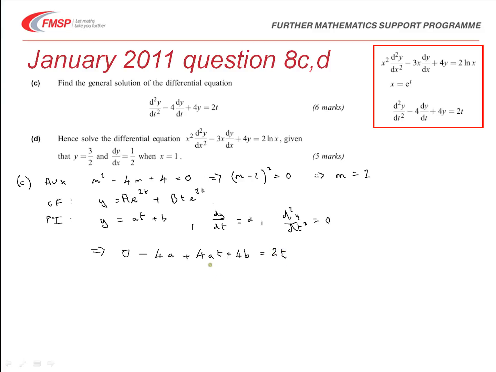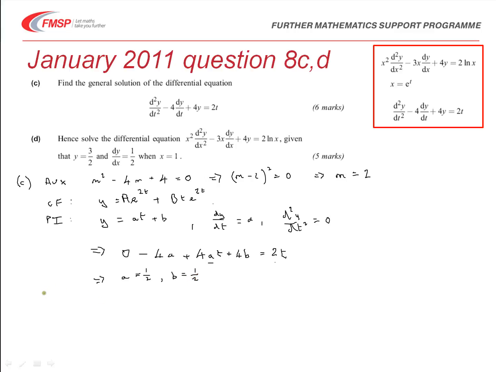So by equating coefficients, we can immediately see that a must be equal to a half to make 4a equal to 2. And if that's the case, if I got 4b minus 4a being equal to 0, because there's no other term on the right hand side, that tells me that b must have the same value of a half as well.